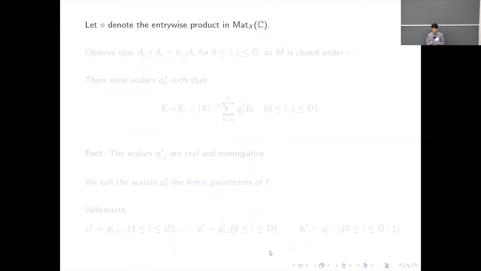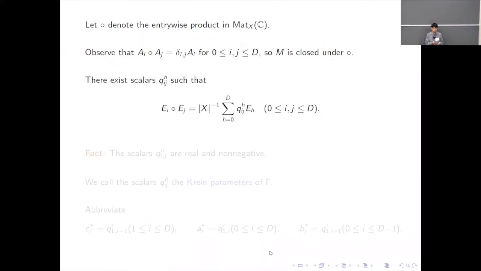Now let circle denote the entry-wise product in the matrix algebra Mat_X(C). Then clearly A_i circle A_j is delta_ij A_i, so M is closed under the circle product. Because E_i is a second basis for M, the product E_i circle E_j is a linear combination of the second basis with coefficients q^h_ij.